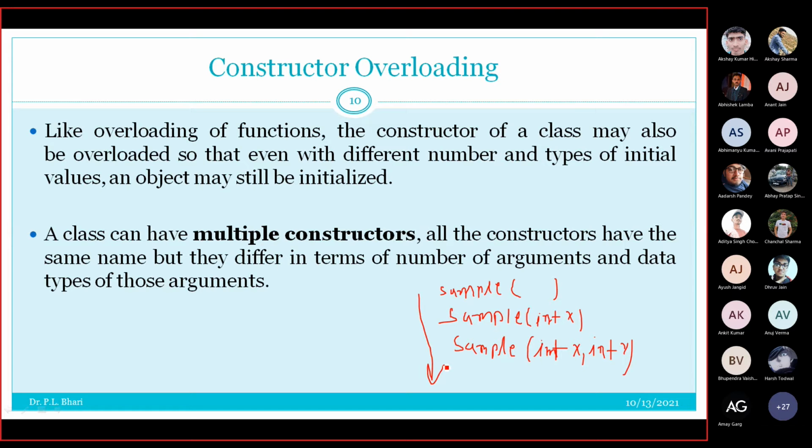What are the issues here, and what changes in the main function due to these multiple constructors?